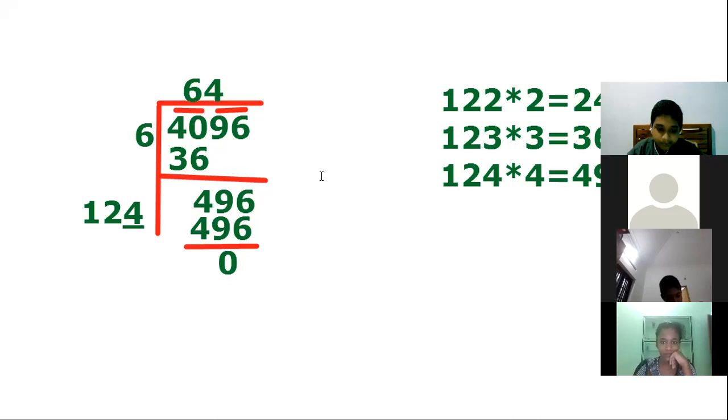Here the dividend is 496. So we place some numbers 1, 2, 3 and 4. In the case of placing 4, we get 124 into 4 is equal to 496. That's why we fill the blank with the digit 4. Then the remainder becomes 0, and hence the square root of 4096 is 64 itself.